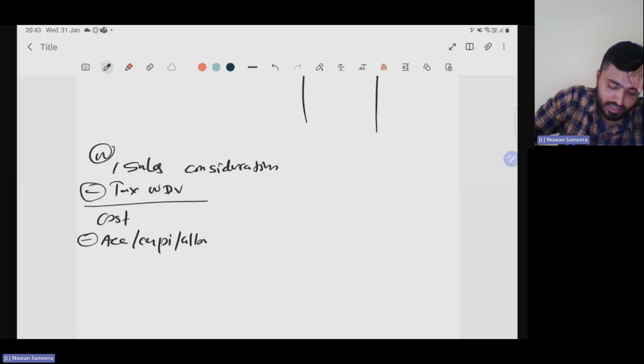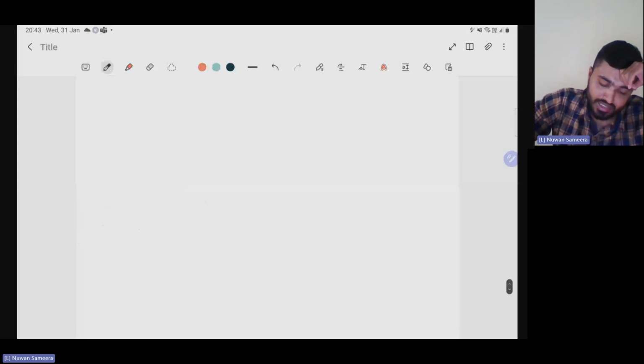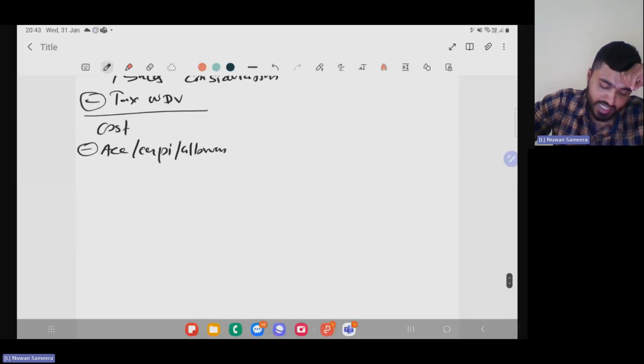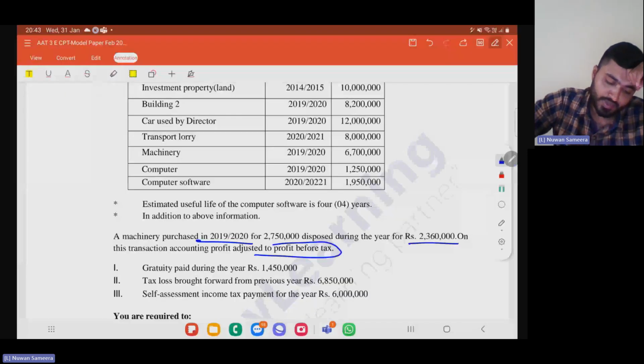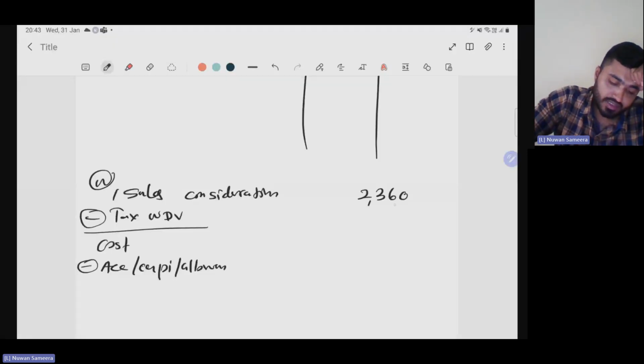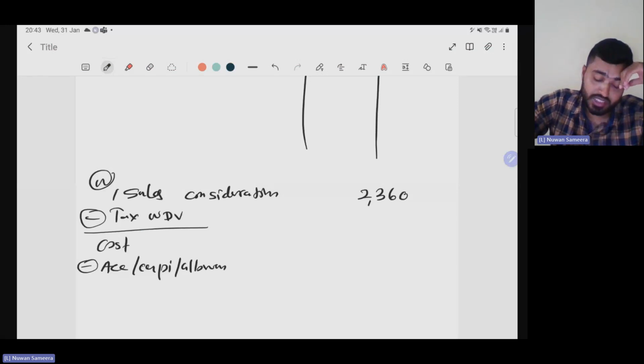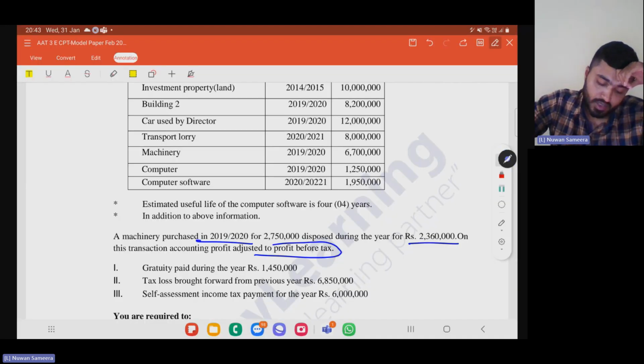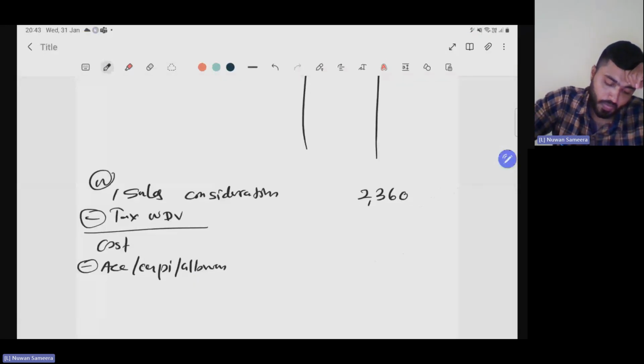Now you know they have given some information. We have to use that information. The selling price is how much during the year? 2.36 million, 2,360, right? So the cost is how much is given? 2,750.